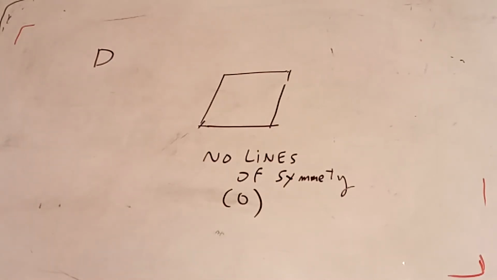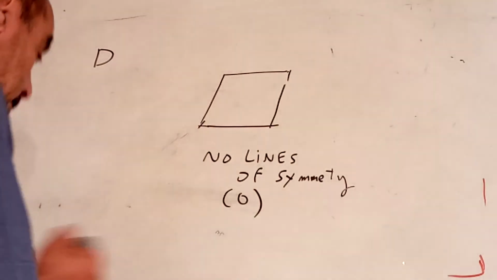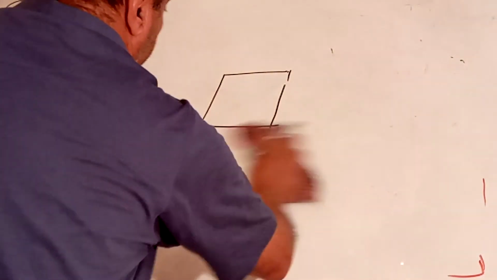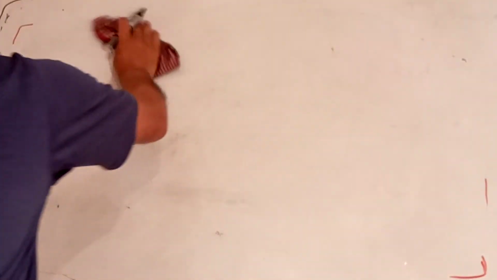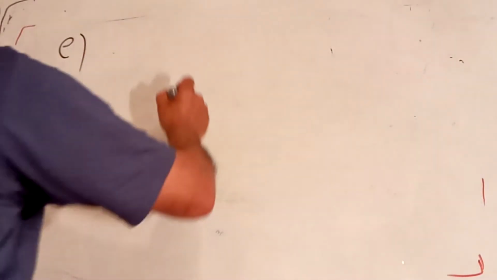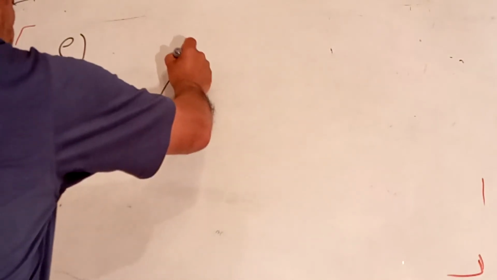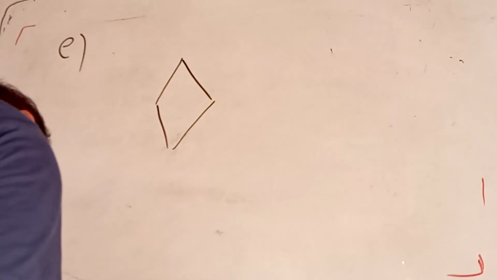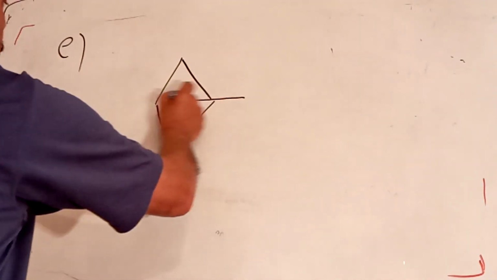This is number D. Let me go to number E. Number E, we have this one like this. Rhombus, we call it rhombus. We have this rhombus here. How many lines of symmetry do I think? I think we will have this one for sure.